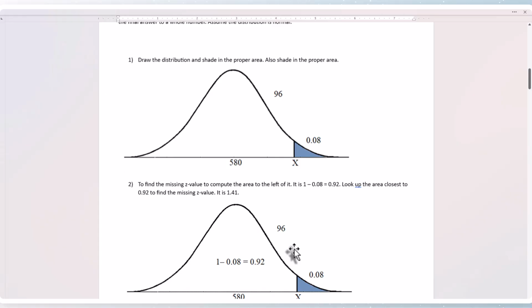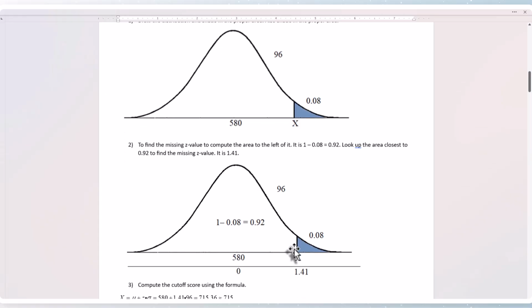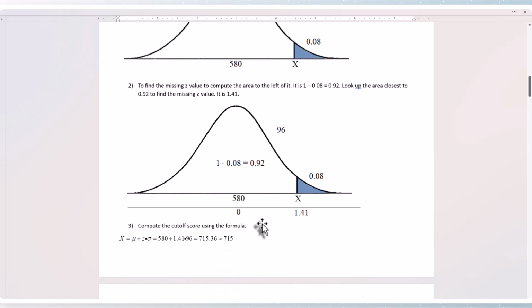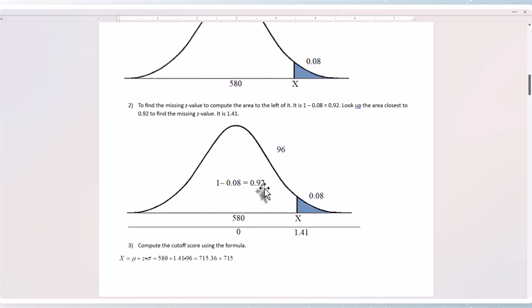So our next step is we find the missing z-value. Now, if we use the table, we need to find this left area. To do that, we take 1 minus 0.08, which is 0.92. Now, we could then use our table to look for the area closest to 0.92.